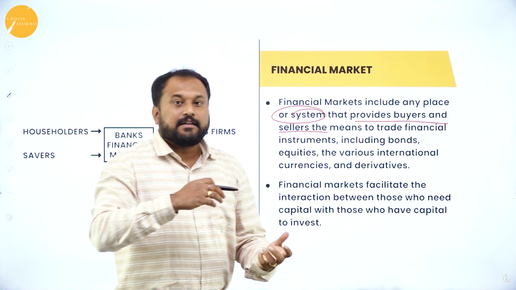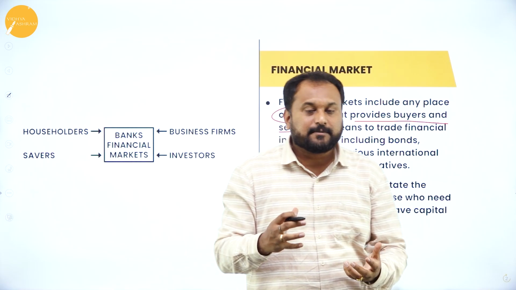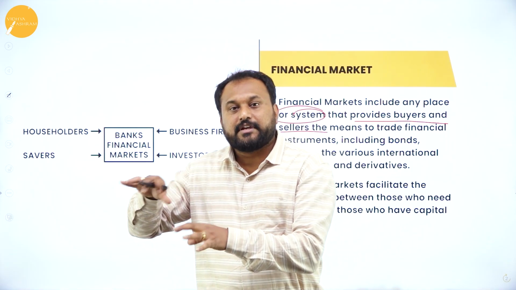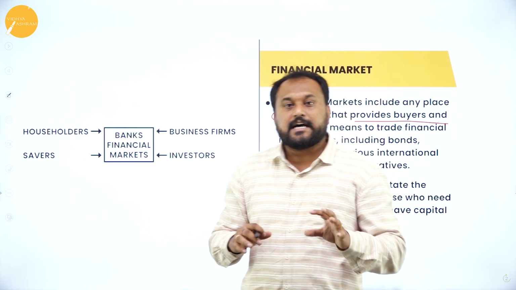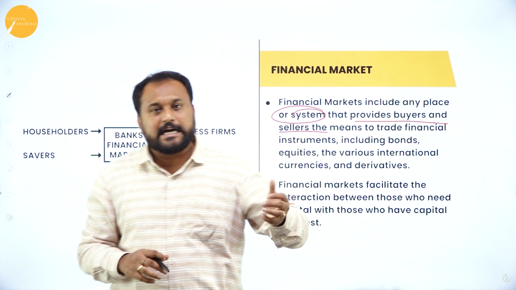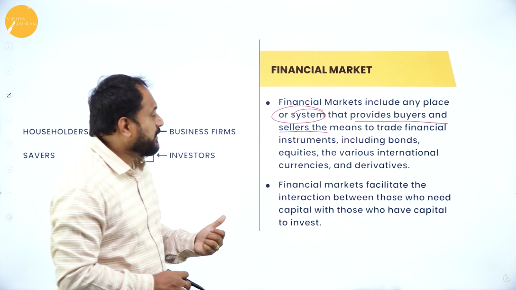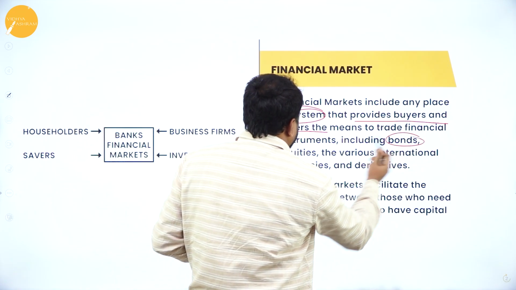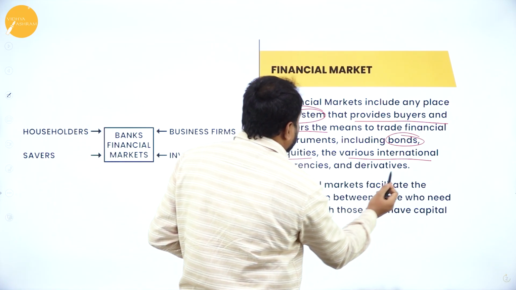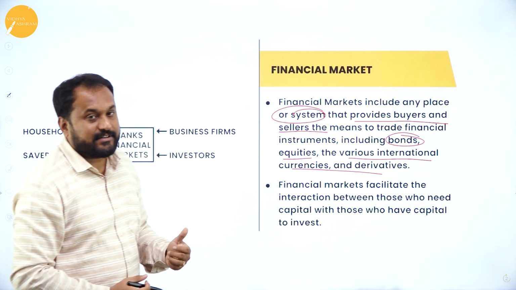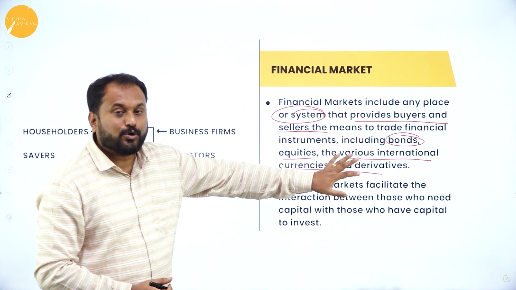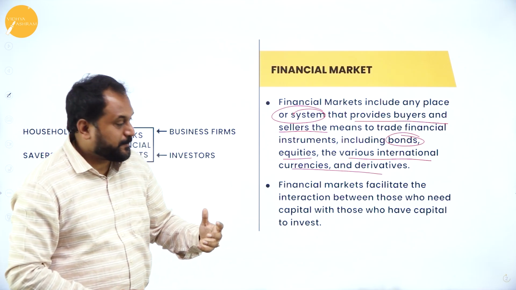Like we have vegetable market, or any other kind of market, just like that, the financial market is where the financial instruments, including bonds, equities, and various international currencies and derivatives are bought and sold. That is called the financial market.